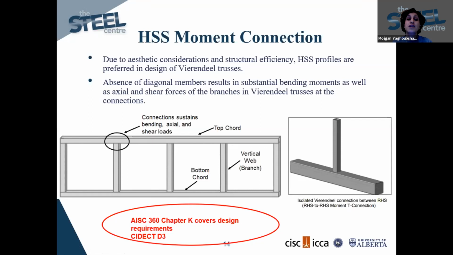But the thing that makes the design of such connections a little bit challenging is that these moment connections are not typical moment connections because they are not fully rigid connections, and they are called semi-rigid connections. So this is what makes the design of such connections a little bit more complicated compared to typical moment connections that we normally deal with.